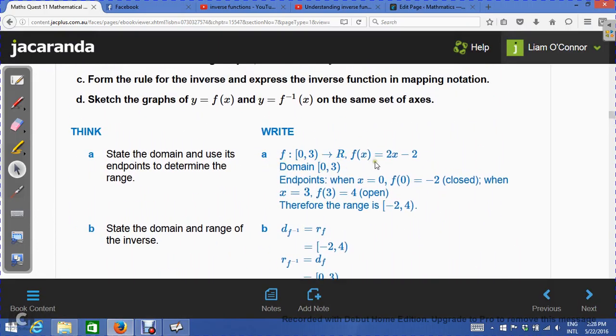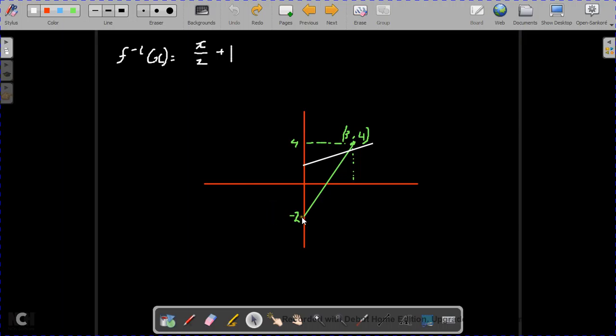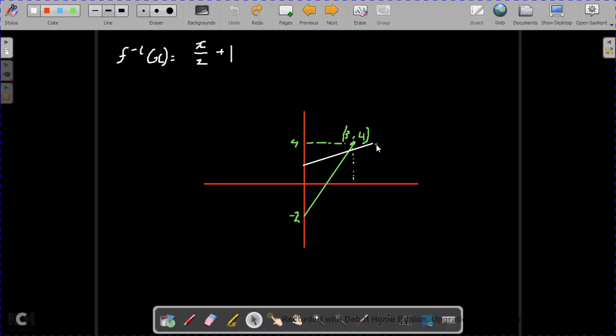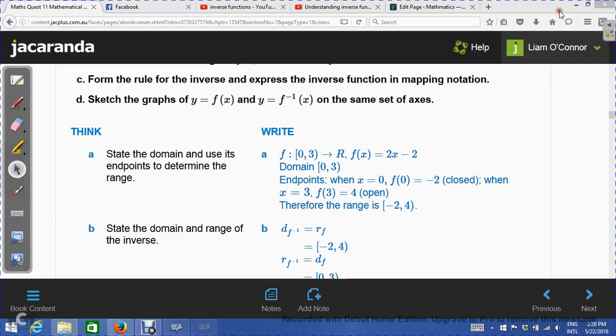So let's have a look. We've got our function, domain from 0 to 3, endpoints, x equals 0, f of 0 equals minus 2. So that's that point there, for our original function. And when x equals 3, we have 4. So that was our other point up here, 3, 4.